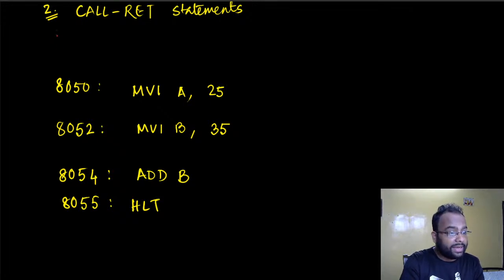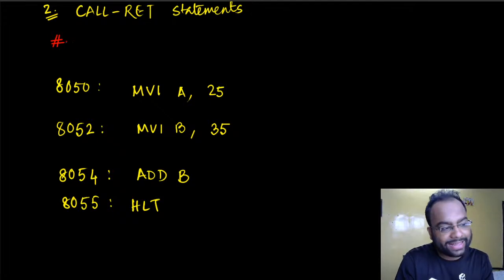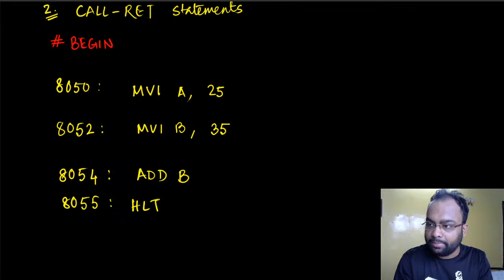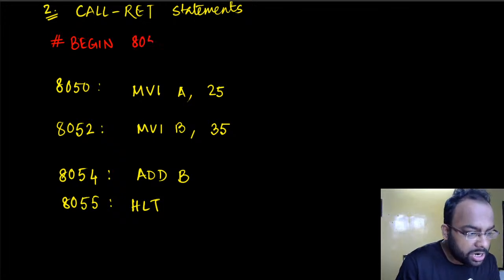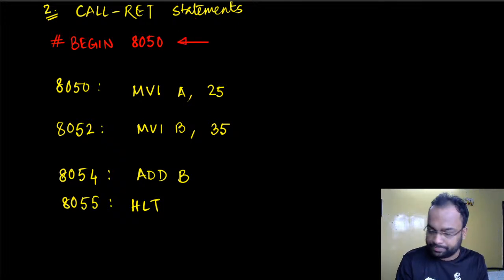What we did earlier was put an assembler directive, in which we asked the assembler to set the program counter initially to the memory address where the program actually begins.